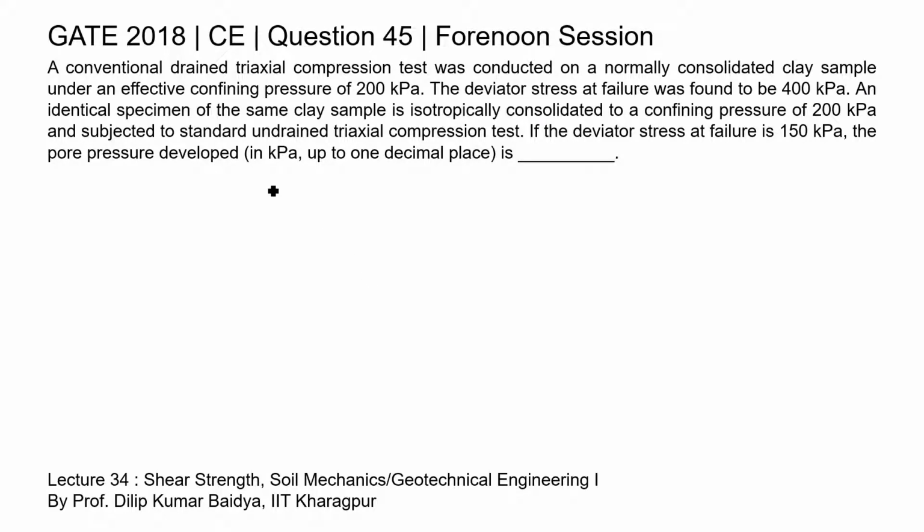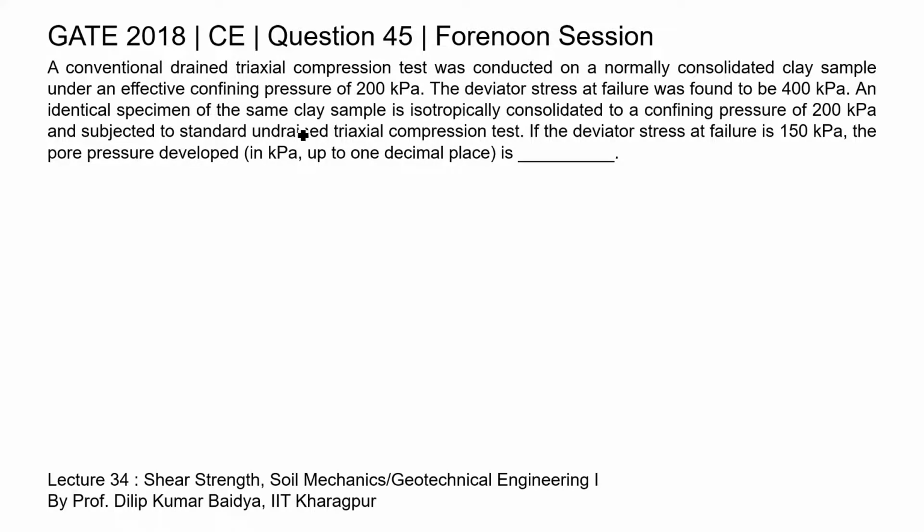Question 45 of civil engineering paper of GATE 2018 forenoon session. A conventional drained triaxial compression test was conducted on a normally consolidated clay sample under an effective confining pressure of 200 kPa. The deviator stress at failure was found to be 400 kPa.